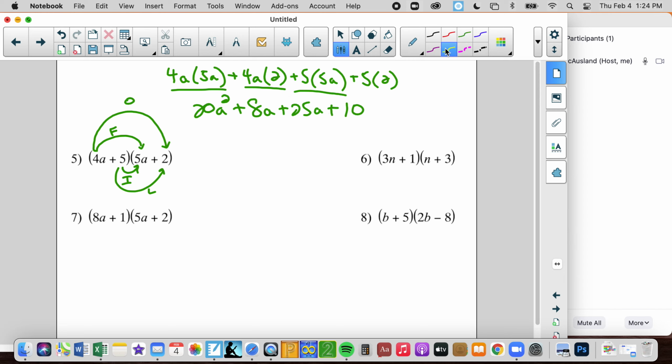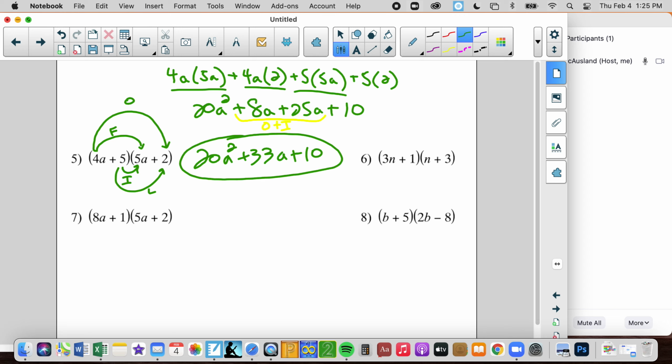And we'll notice that there will be situations where we have our outside and inside, and they will be like terms. They are both a to the first, so we would add or combine their coefficients. So my final answer is going to be 20a squared plus 33a plus 10. That would be my answer to number 5.